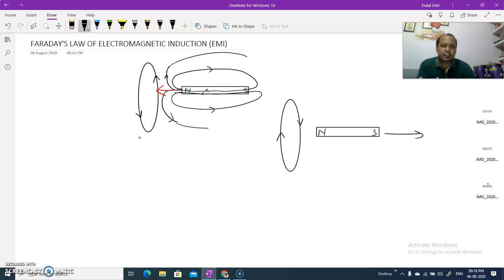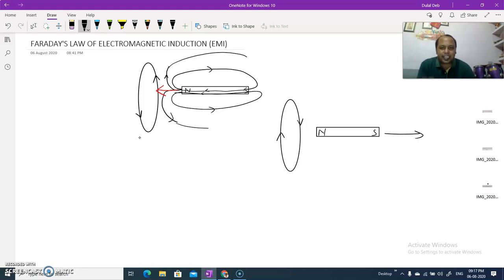One, whenever there is a change in flux, induced EMF or induced current is produced in the coil. The induced EMF or induced current lasts as long as there is change in flux. If the change in magnetic flux stops, then the current will also stop. That is, there won't be any induced current or induced EMF, right?